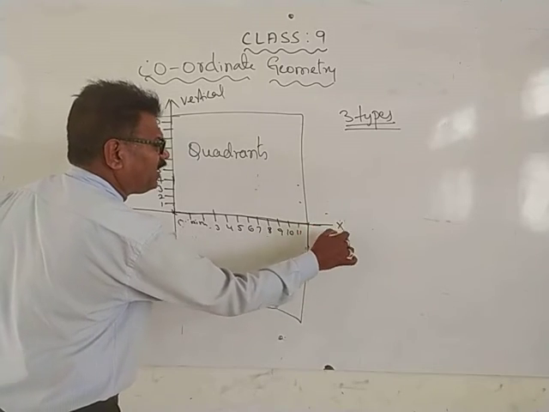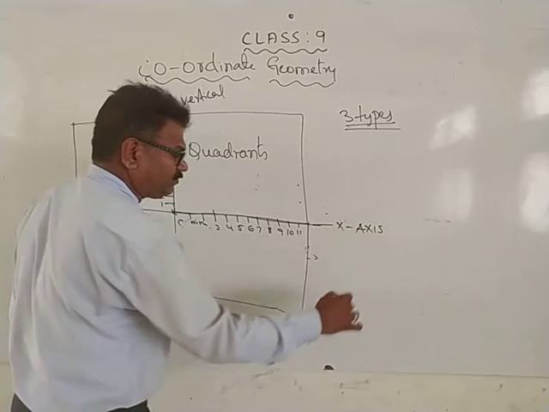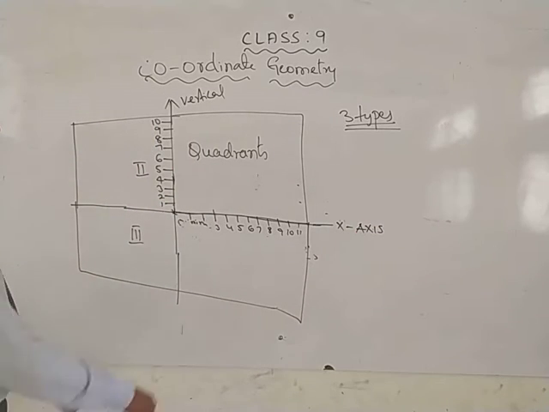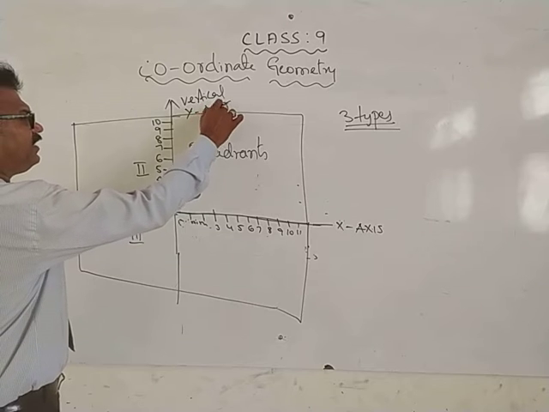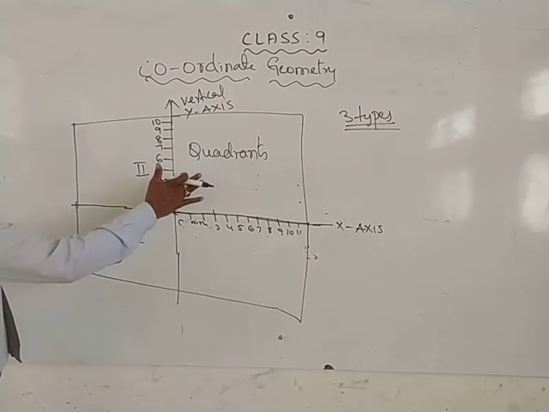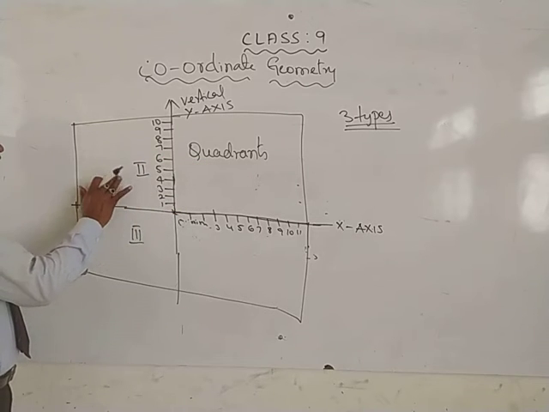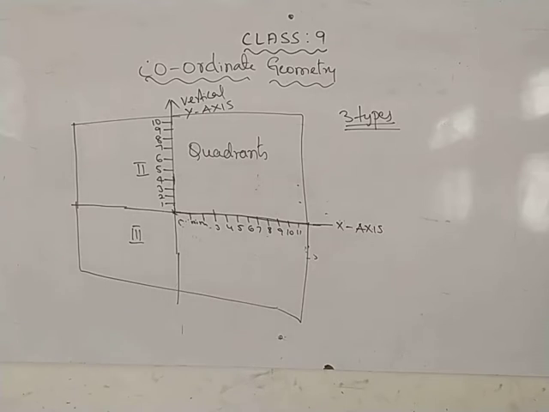The horizontal line is known as the x-axis and the vertical one is known as the y-axis. Now, what is there in the first, second, third and fourth quadrants?